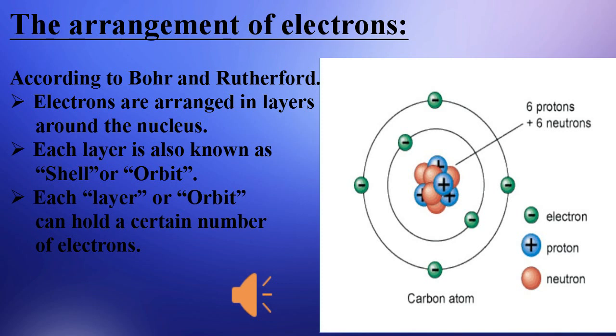Just remember that each layer or orbit can hold a certain number of electrons in it. For example, in the picture of the carbon atom, in the right bottom, its 6 electrons are arranged in 2 different shells around the nucleus.